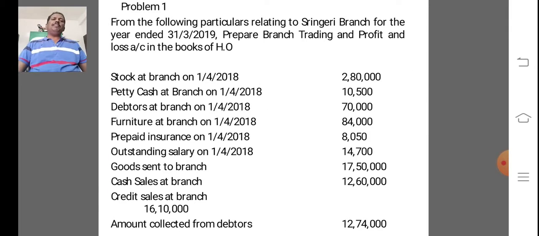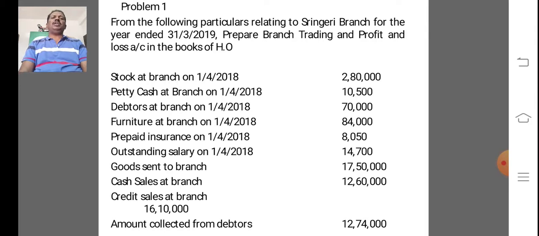So I am taking problem number 1. From the following particulars relating to Sringeri branch for the year ended 31/3/2019, prepare branch trading and profit and loss account in the books of head office.